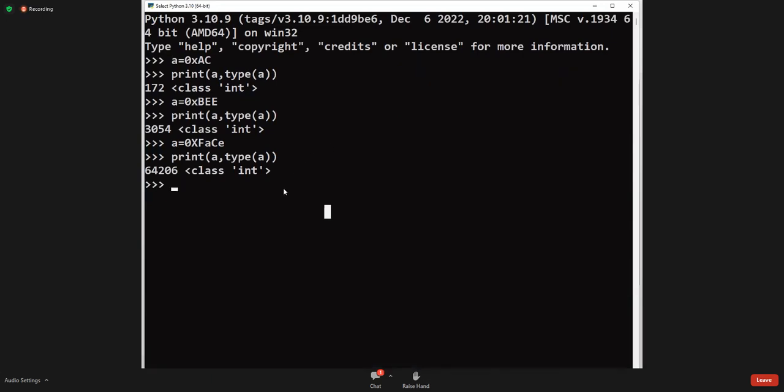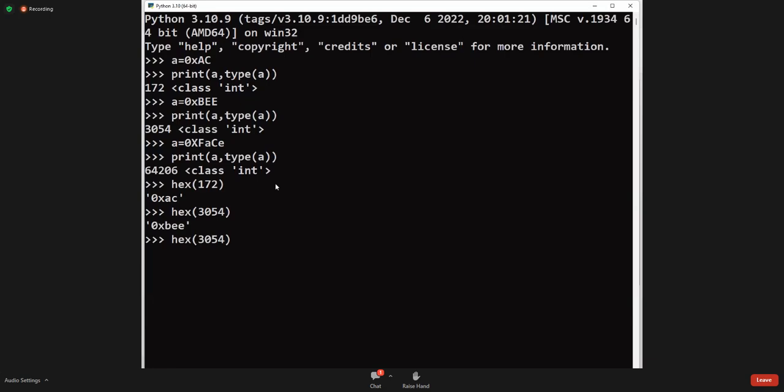Okay, students, come on now. hex of 172 will print small letters only. See, 0xAC, whether capital AC or small ac, it doesn't make any difference. Next, hex of 3054 is 0xBEE.